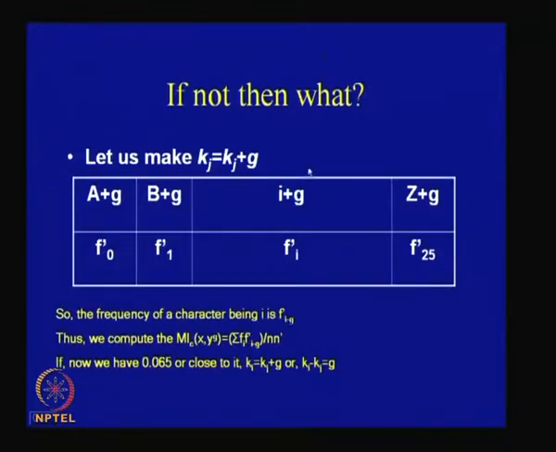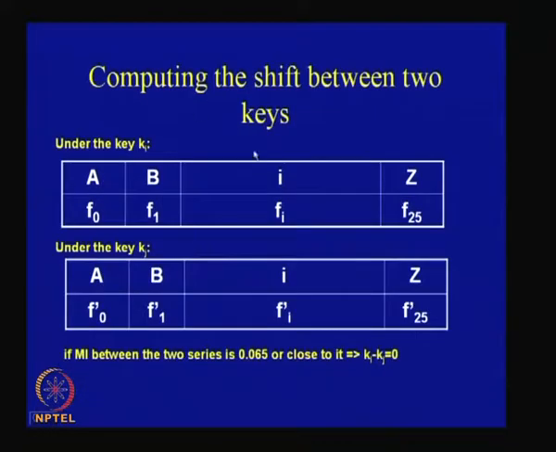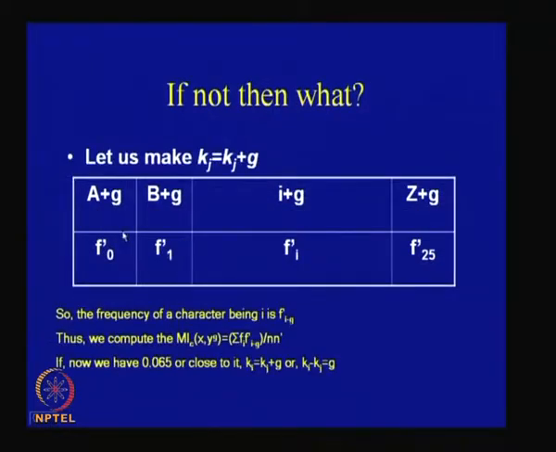But what if not? If it is not equal to 0, then what you do is that you keep one of the frequencies the same, but you start shifting the other one. Okay, so you start shifting with, say, plus g, and therefore the frequency of a character being i is now f dash i minus g.